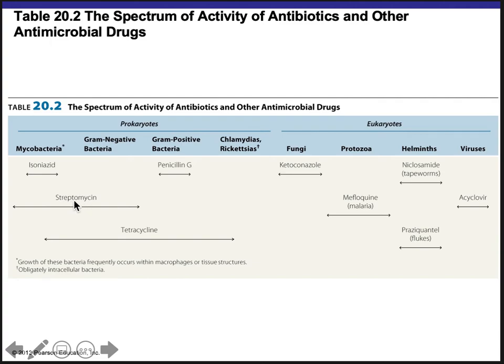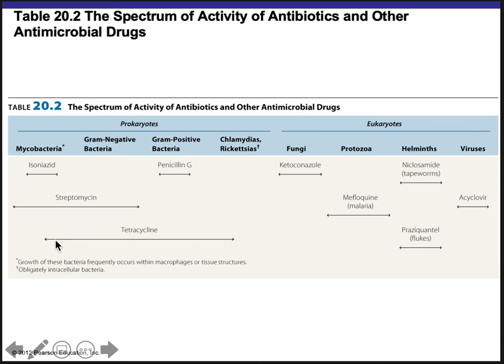We see streptomycin, on the other hand, is a broad spectrum in that it's getting mycobacteria and gram-negative. Tetracycline is also a broad spectrum: a little bit of mycobacteria, gram-negative, gram-positive, and a little bit for chlamydia and rickettsia. However, with tetracycline, it's important that you know which generation, because there are different generations that will be better at targeting specific groups.